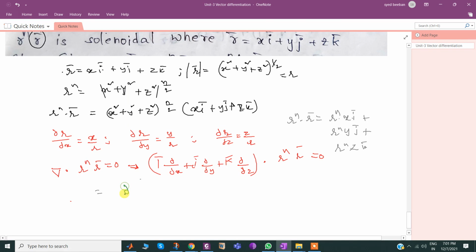So ∂/∂x of r^n x plus ∂/∂y of r^n y plus ∂/∂z of r^n z, which is equal to 0.